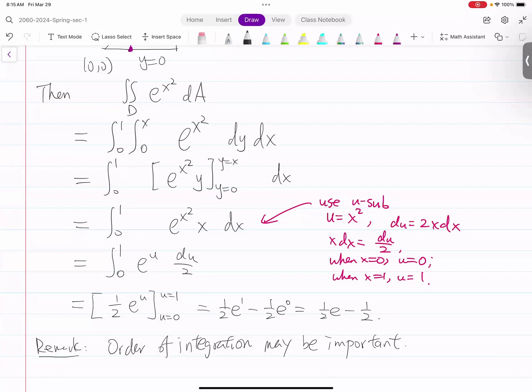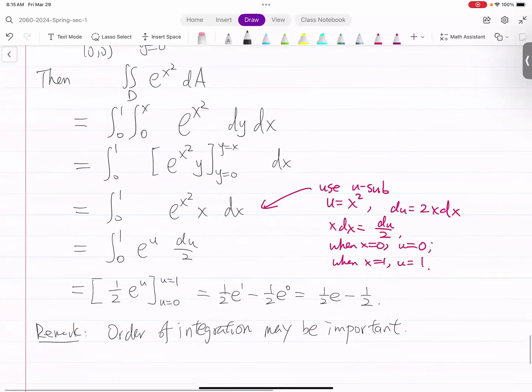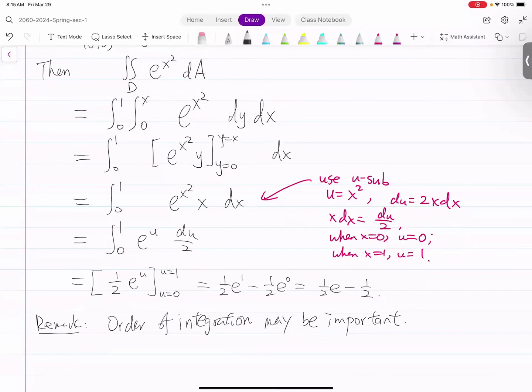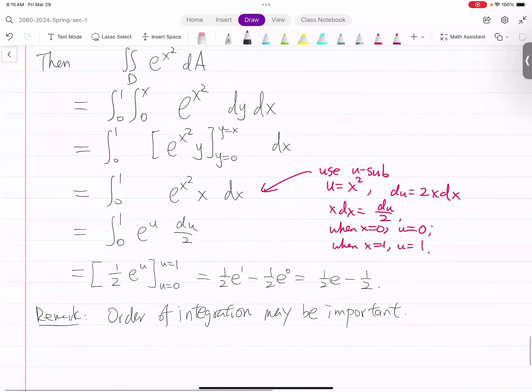It's an important question, because sometimes the function that you're integrating on the inside is hard to get the antiderivative for. Then that's a hint that you probably want to play with the order of integration to see whether the other order gives you a better calculation or not. Okay, so that's very important.